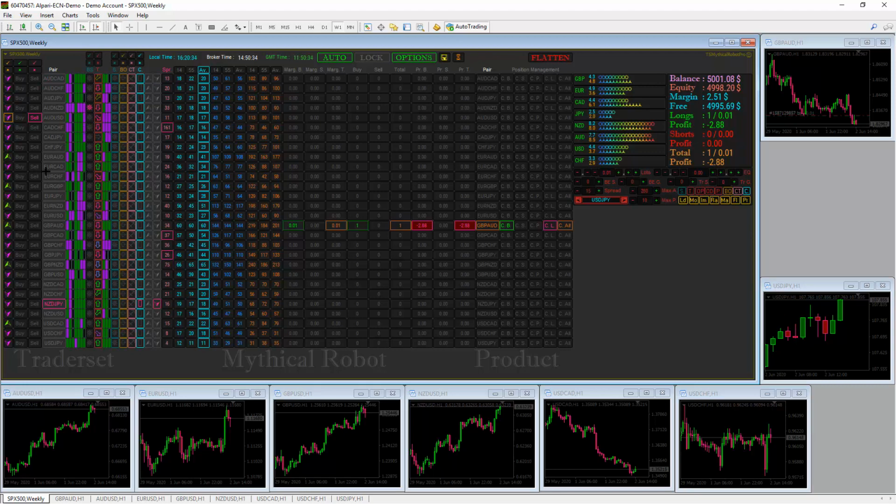For example, GBP USD again indicates down, so why not? And NZD USD again says okay. USD CAD is up. Be careful about these, okay, and I agree with that.